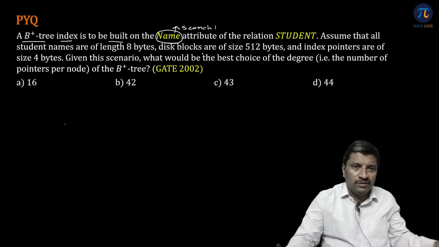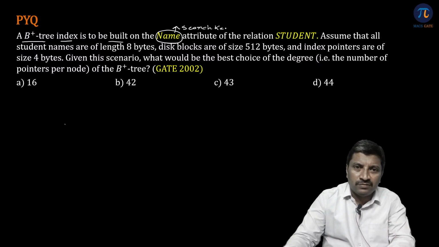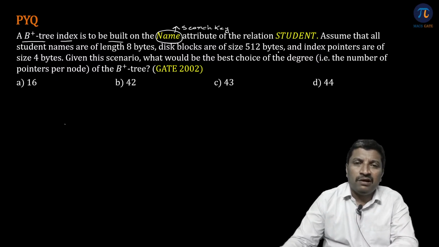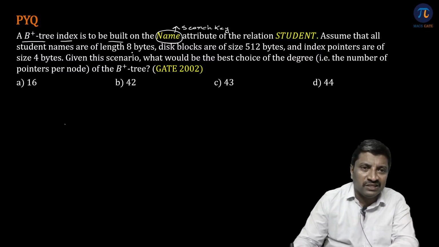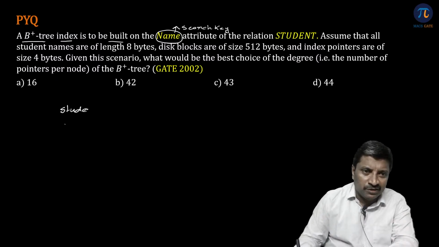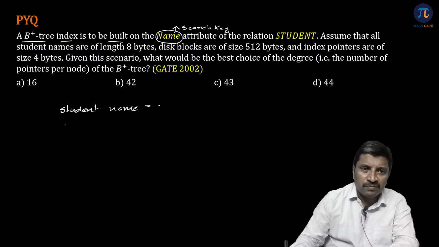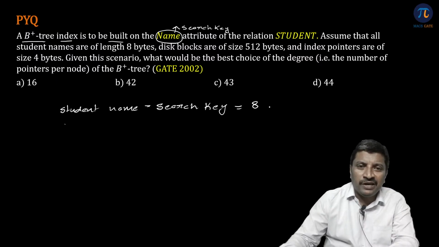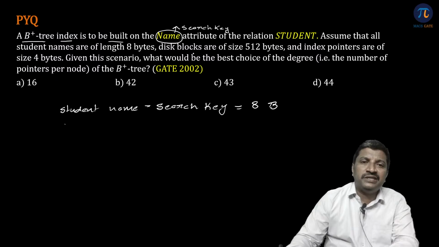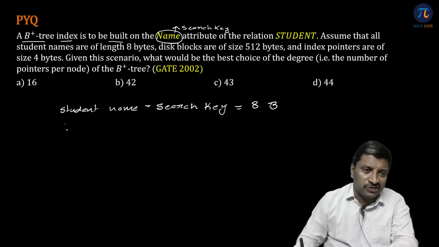Assume that all the student names are of length 8 bytes. So the student name, that is our search key, is equal to how many bytes, sir? 8 bytes. Fine.